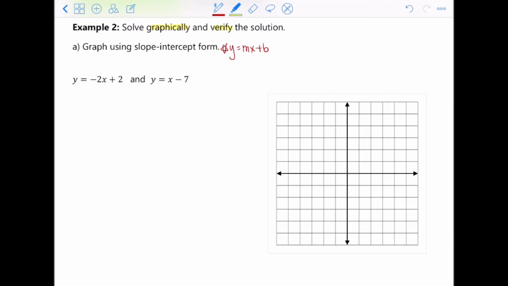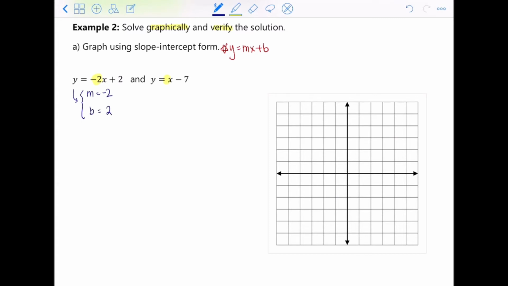When we're graphing these lines without using a table of values, we can actually first start with the slope. So for this case, slope is -2. And b, which is the y-intercept, is +2.